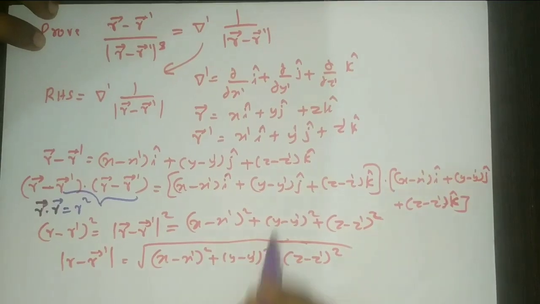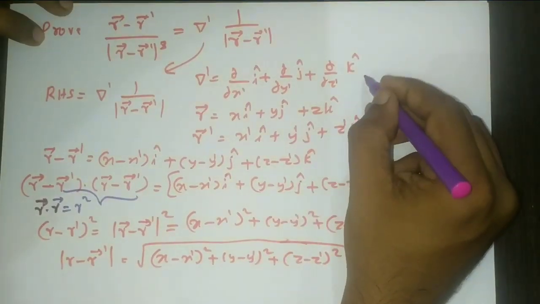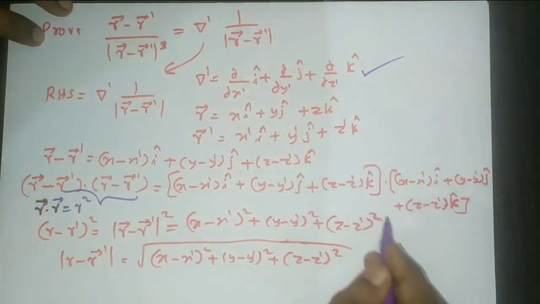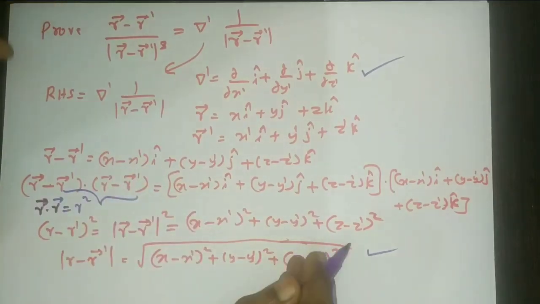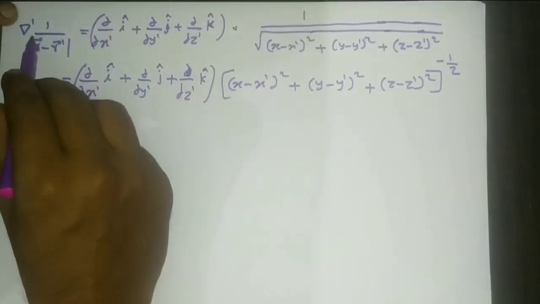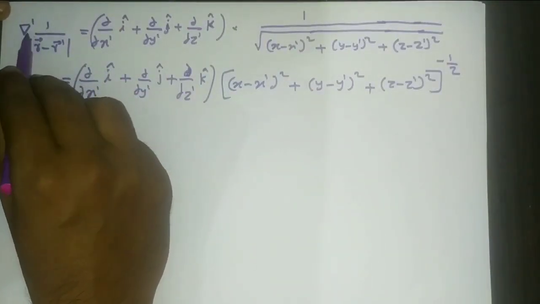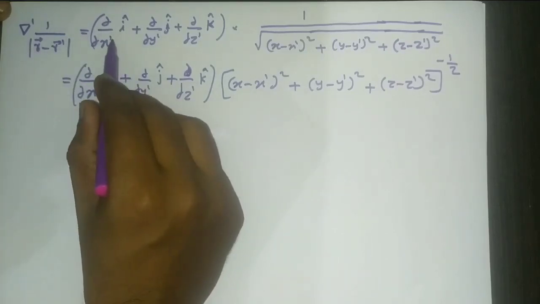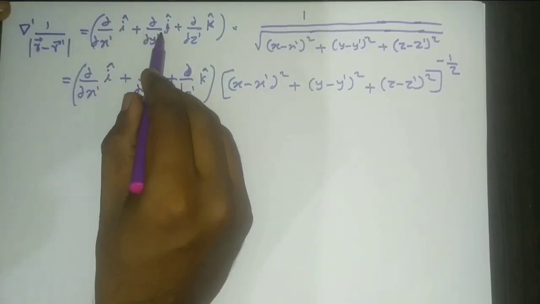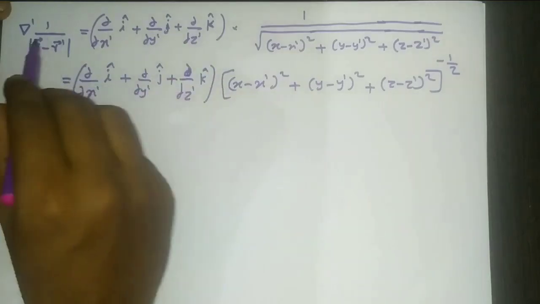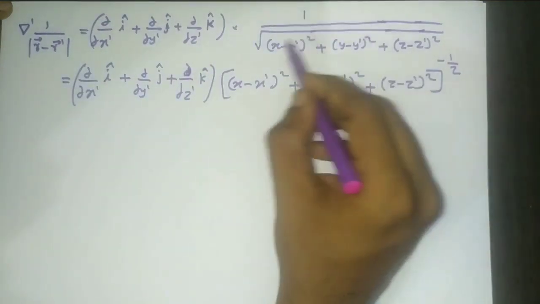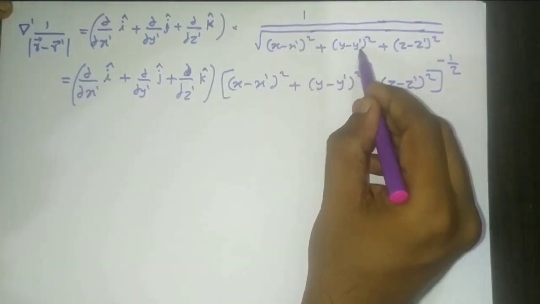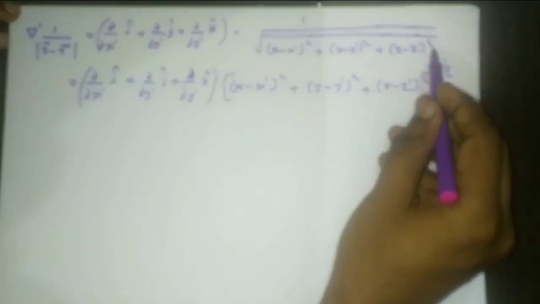Okay, now we have this quantity and we obtained these two relations. Just start the operation. I have copied the relation here: del prime is dou by dou x prime i cap plus dou by dou y prime j cap plus dou by dou z prime k cap, and 1 by modulus of r minus r prime is 1 by root of (x minus x prime) whole square plus (y minus y prime) whole square plus (z minus z prime) whole square.